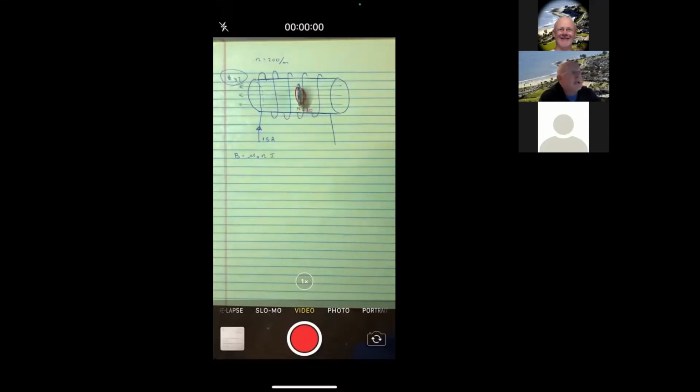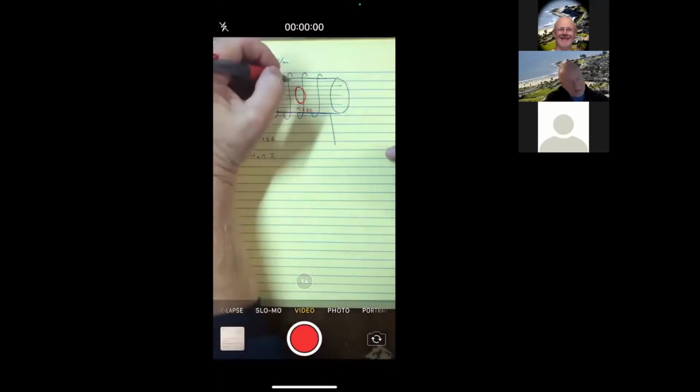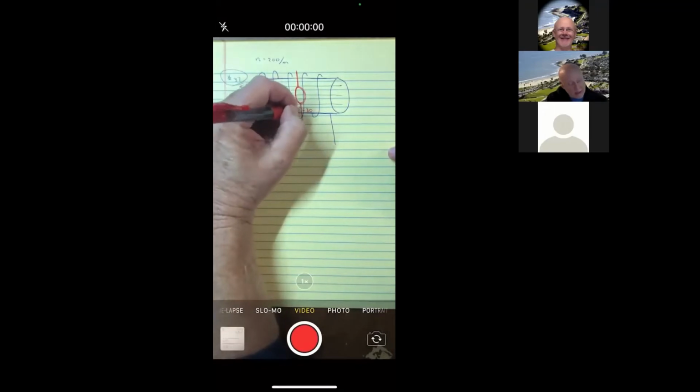The coil is placed inside a solenoid and mounted on an axis that is the diameter of the coil, okay, and coincides with the y-axis. So looks like I'll just put the y-axis right here. So somehow this is mounted.